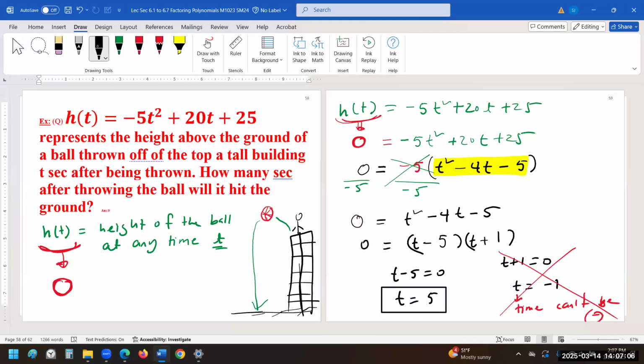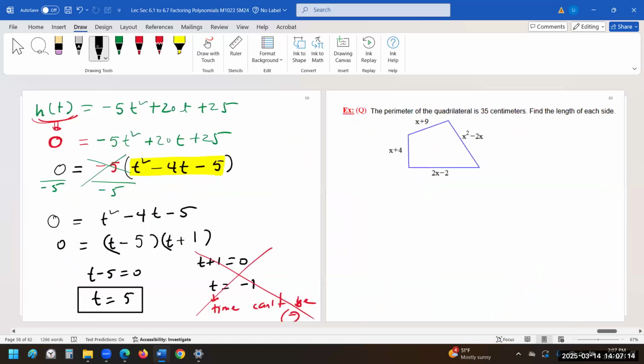With this, we have one more question. Just let me show you the setup, okay? And then you can leave. One more question about perimeter. So you have a quadrilateral, some type of shape, and they are telling us that the shape has a perimeter of 35.